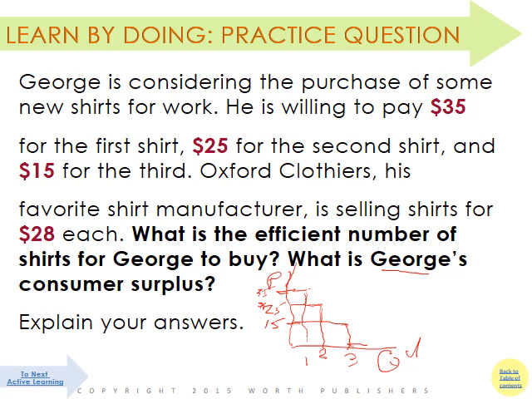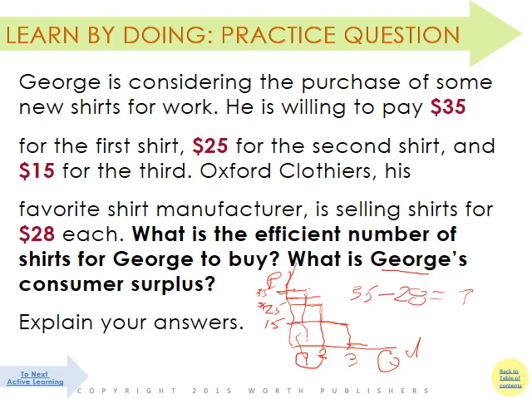In this case, if the price of the shirt is $28, George is going to purchase 1 shirt. His consumer surplus is going to be the $35 that he's willing to pay minus the $28 that he actually pays, which is going to give us $7 in consumer surplus.